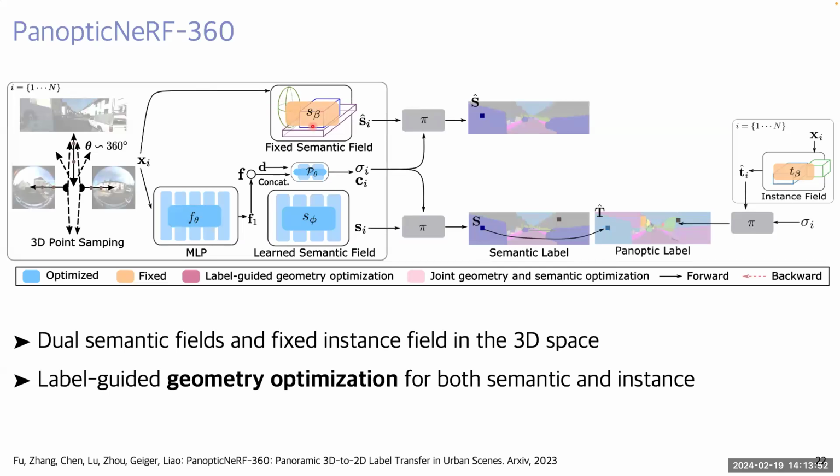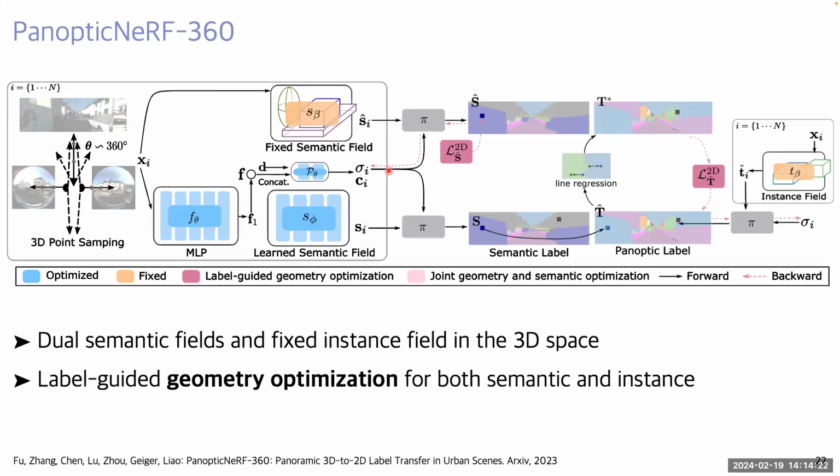The idea is that we can leverage this fixed semantic field to optimize the underlying geometry. Because if we apply a loss here, where we render the 2D label based on the fixed semantic field, then it can only update the underlying geometry to update the rendered image. So this actually leads to improvement in the geometry.